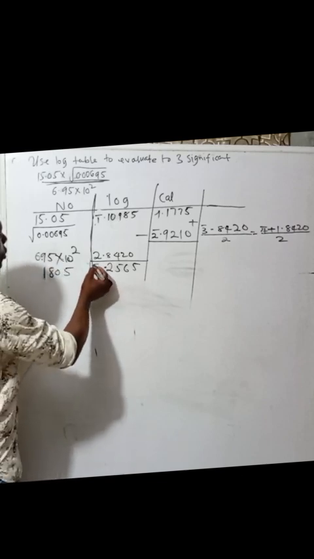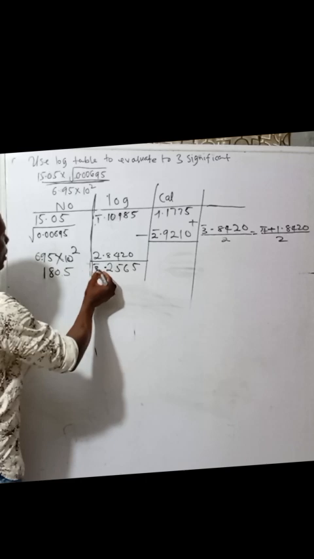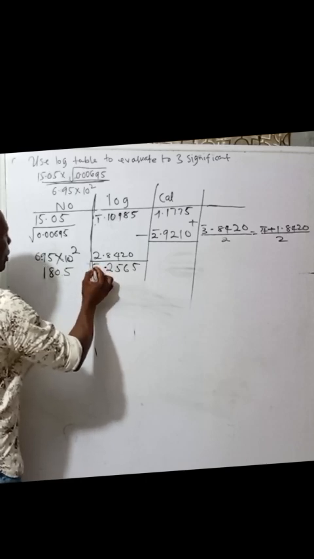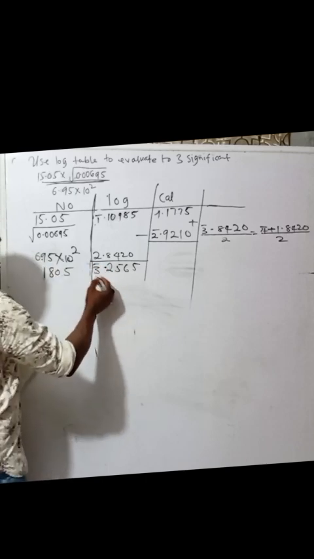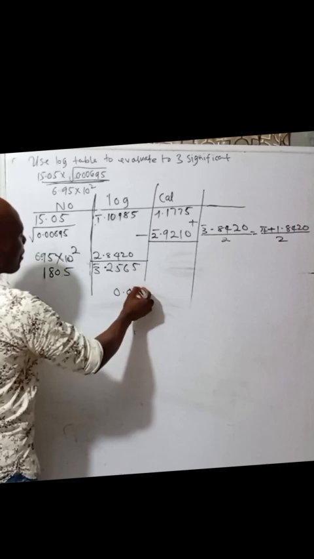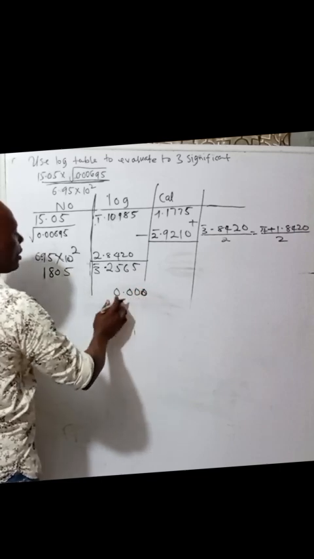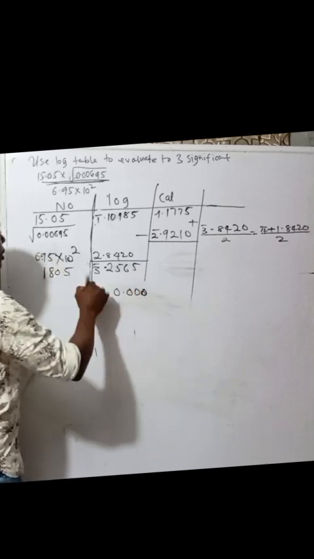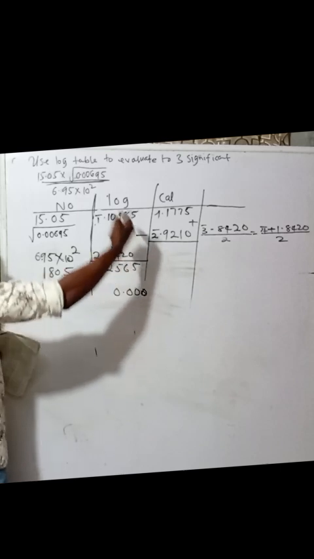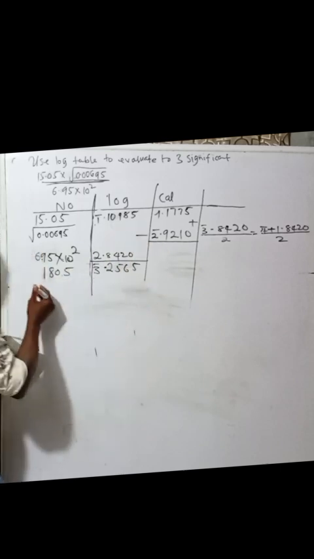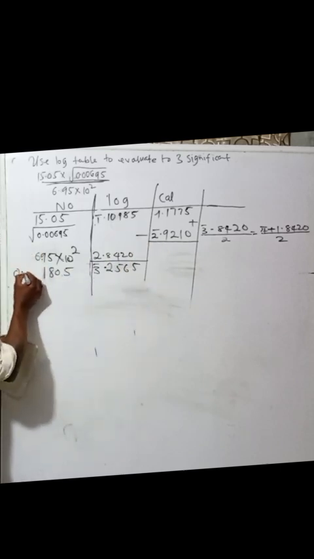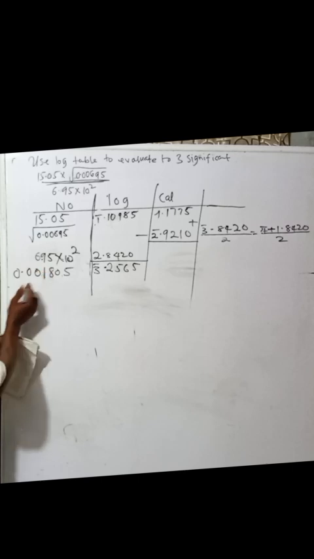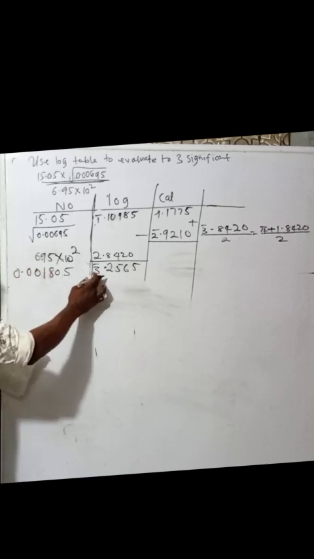Then we must use this one too. If you have something like this in your logarithm, we say bar 3. So this bar 3 here now, we have to reverse it back. So this will become 0.00. Okay, so that's the meaning of this bar 3.